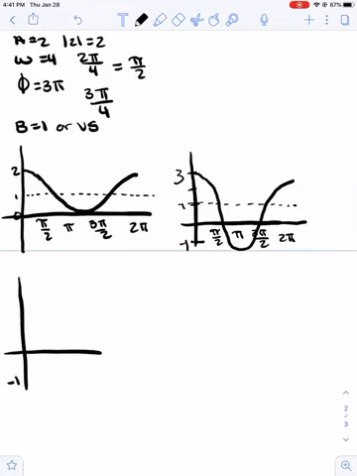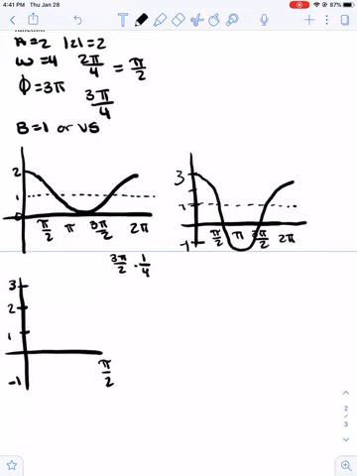So we're going to do the same thing. It's still going to be from -1 to 3. That's 1, that's 2. But now we're at pi over 2. If we do 3 pi over 2 and then divide it by 4, we're multiplying it by 1/4, and that equals 3 pi over 8.